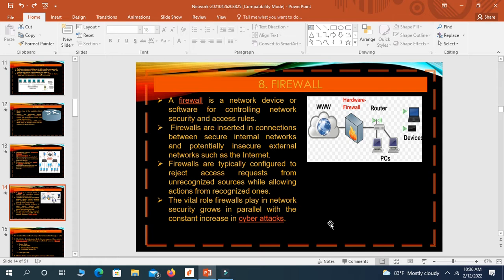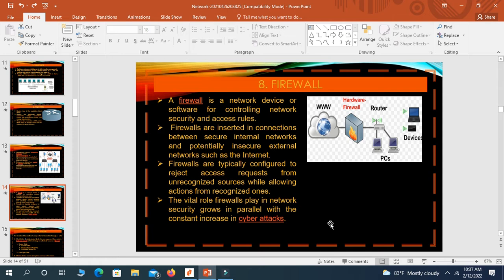Firewalls are typically configured to reject access requests from unrecognized sources while allowing actions from recognized ones. What do you understand by these lines?